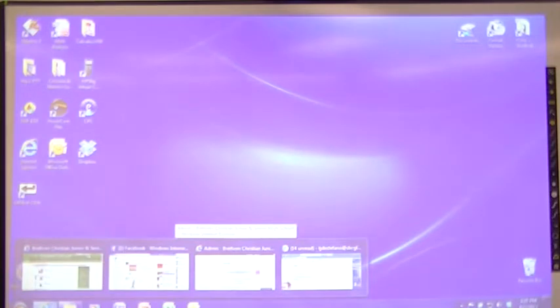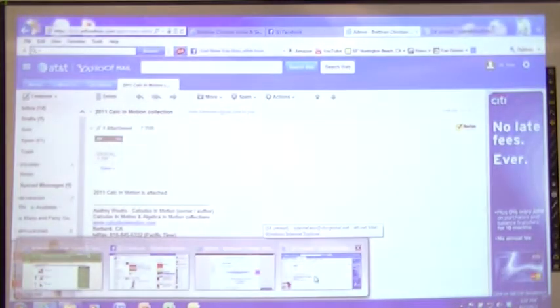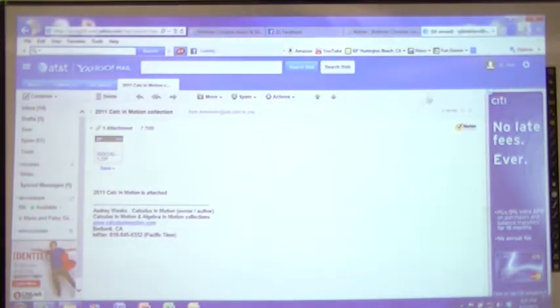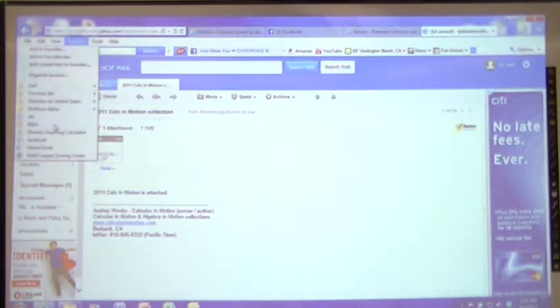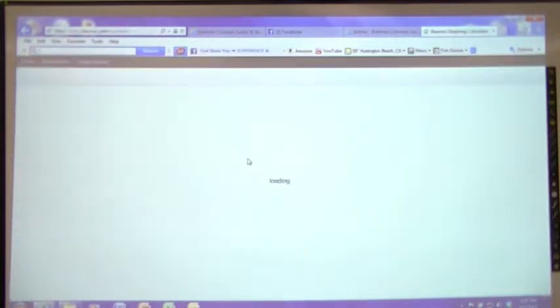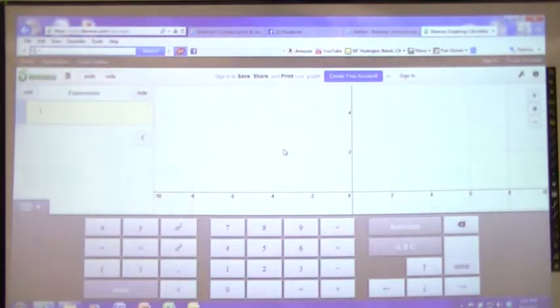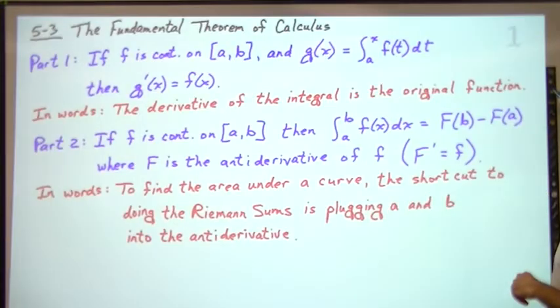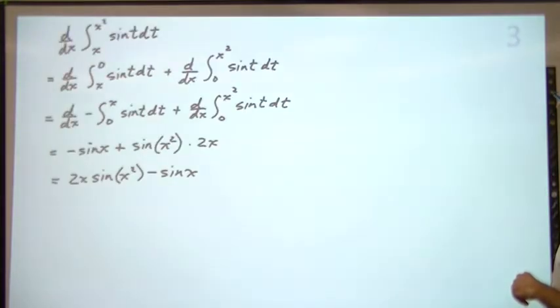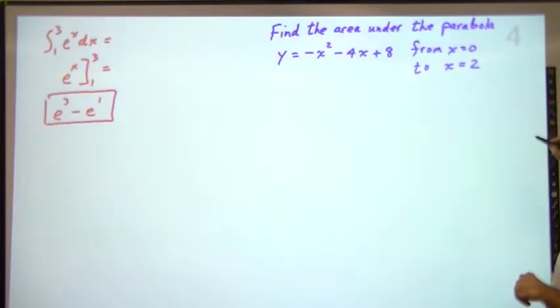Let's see here. Rats, I put it away. Okay. All right. Let's see, what did I... Negative x squared minus 4x plus 8.